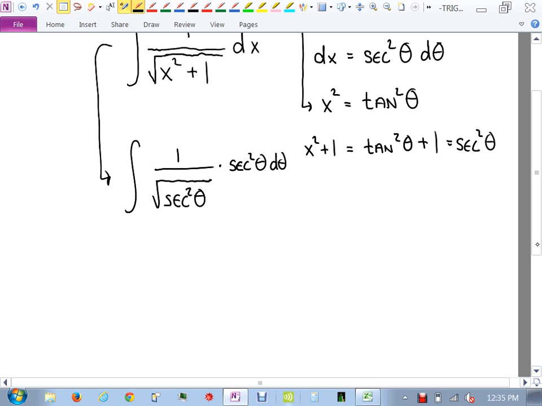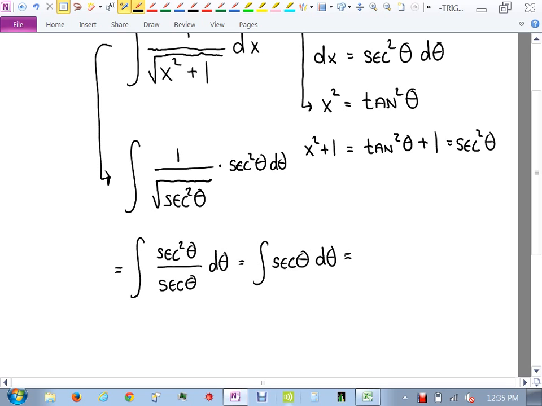Sure? This is secant squared theta over secant theta d theta, which is integral secant theta d theta. And the antiderivative of secant theta is on your formulas. You could get that antiderivative using integration by parts. Yes?